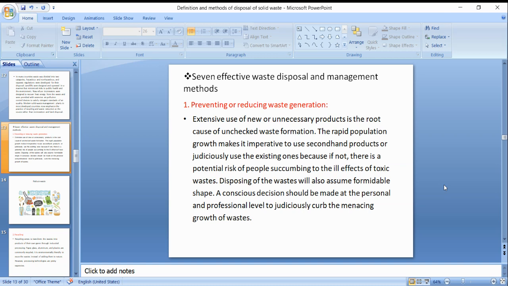Local bodies, the municipalities, and also some private parties look after waste separation, a small business where they segregate and separate the waste and send it for recycling.